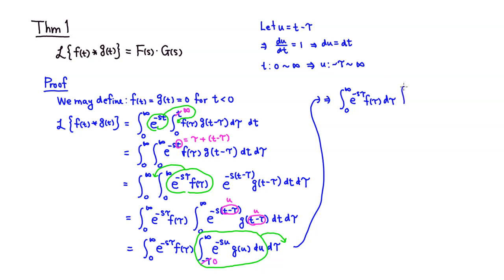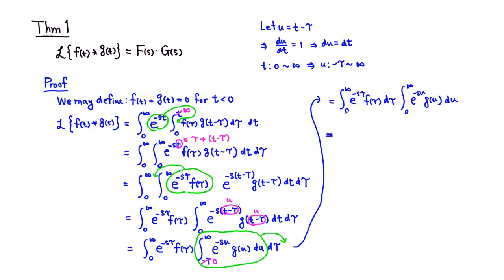Then you have an integral from 0 to infinity, e to the negative su, g of u, du. Actually, this was equality here. We're doing a chain of equalities.